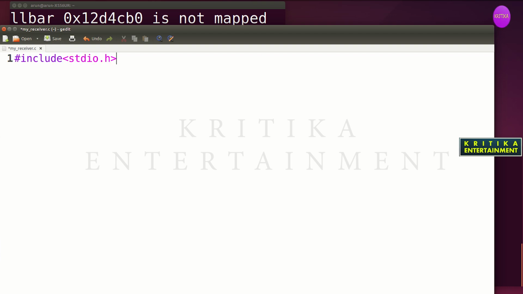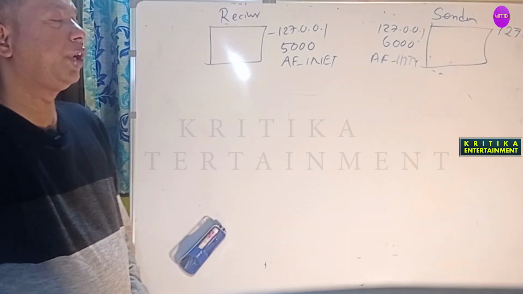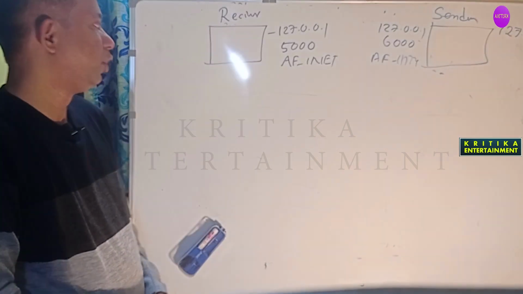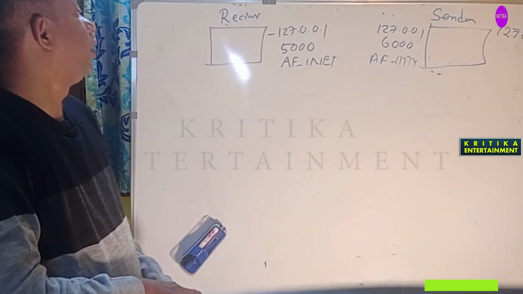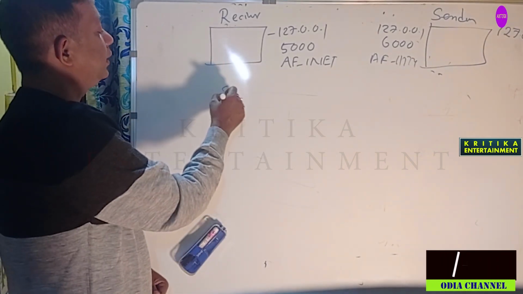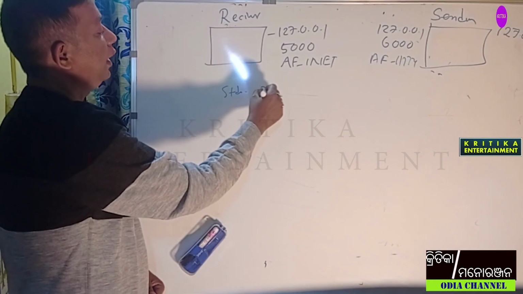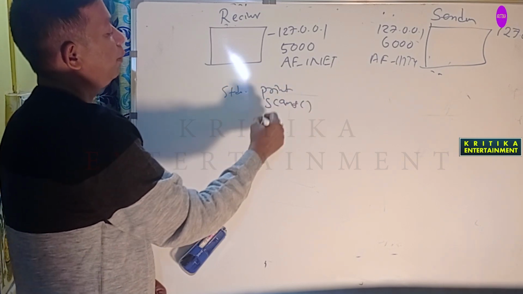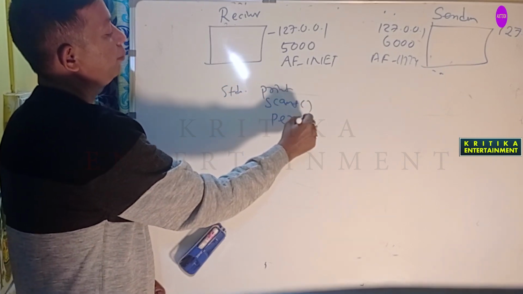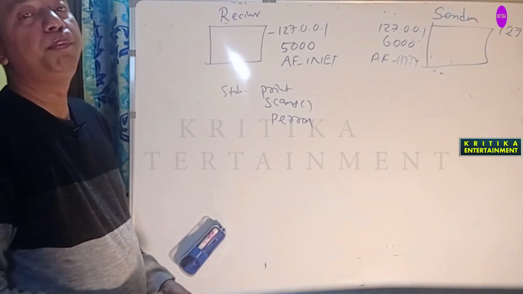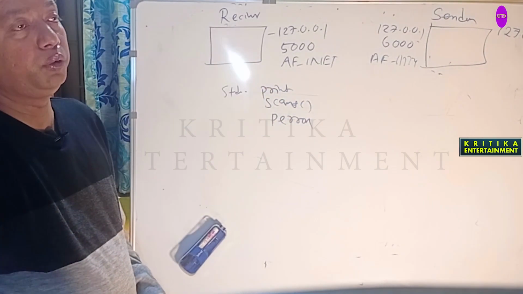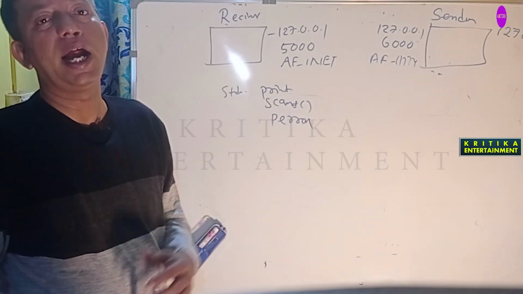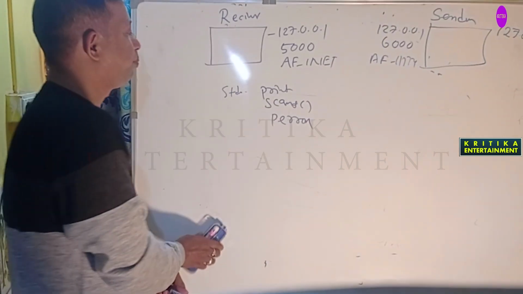All of you know this is the basic header, which gives printf, scanf and perror. perror defines the socket error message automatically: whichever error occurs, perror will print that error message.